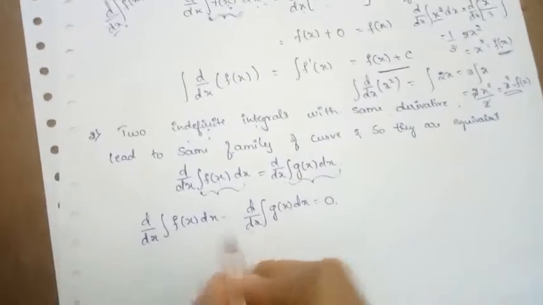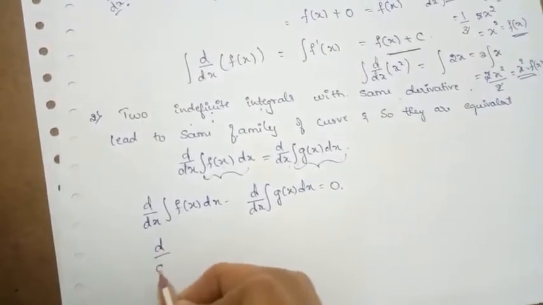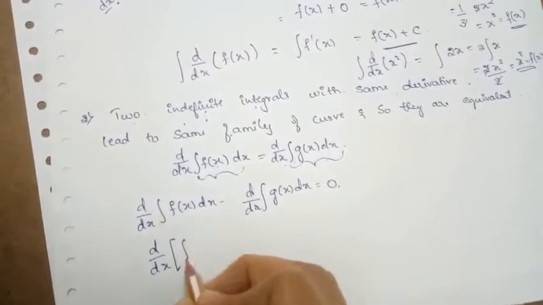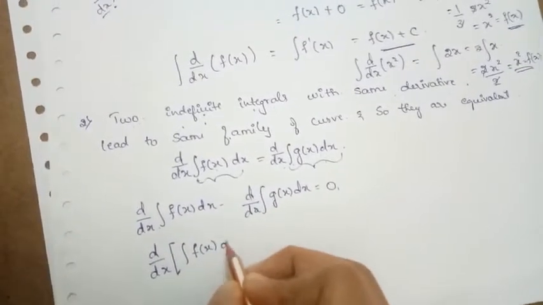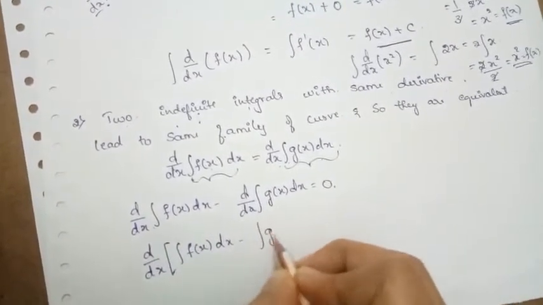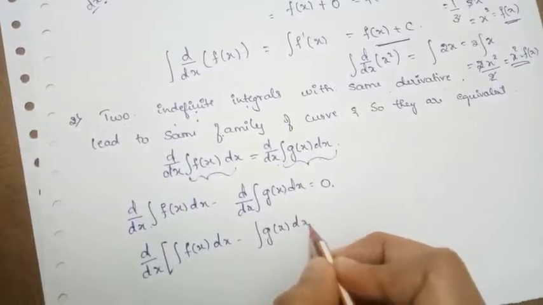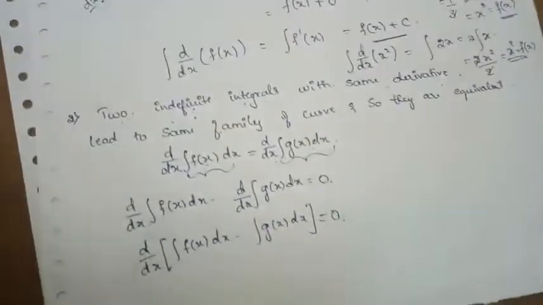So by the algebra of derivatives, I can write this as d by dx of integration of f of x dx minus integration of g of x dx.